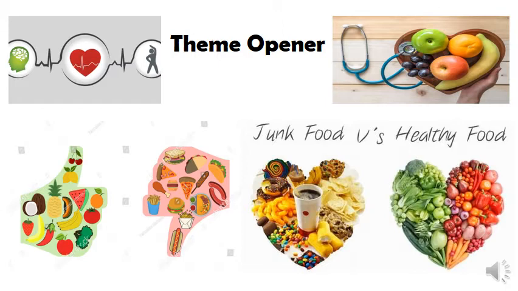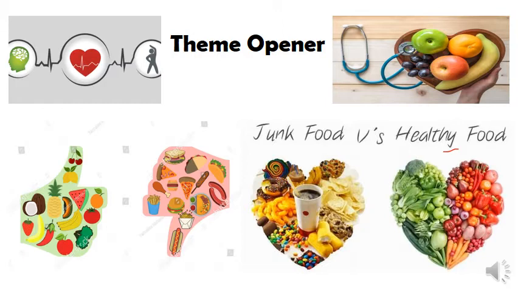Let's now look at these two pictures, junk food versus healthy food. As you can see, junk food is made up of saturated foods, highly saturated, high in calories, high in sugar. Okay, but while the healthy food is very natural, very healthy. From the picture, you can just infer that this is very healthy.